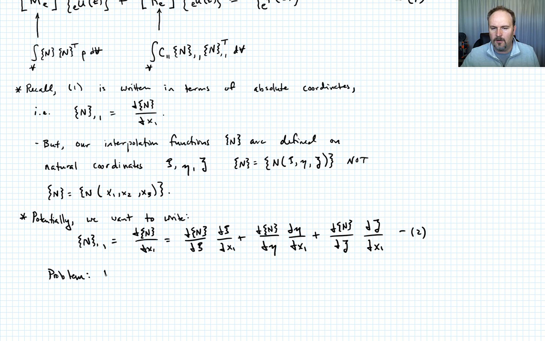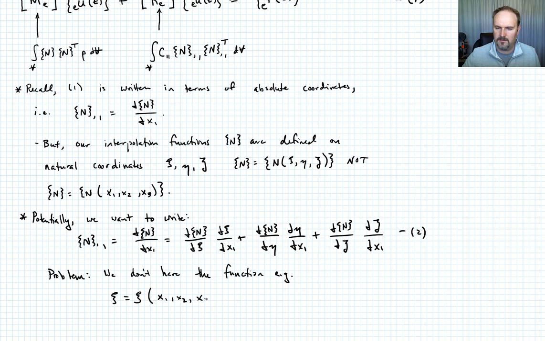We don't have the function, for example, that says xi is equal to xi of x1, x2, and x3, right? We don't have that. That's not how our natural coordinates are defined.